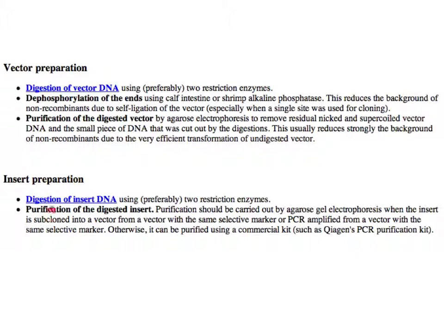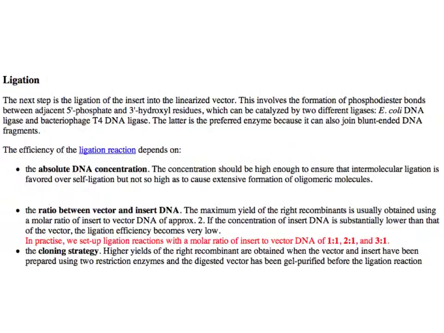And then the insert. The insert also needs to be digested, so once you've done a PCR reaction, you want to digest the insert with 2 different restriction sites. You purify that again by agarose gel electrophoresis, and then you ligate the insert with your vector.